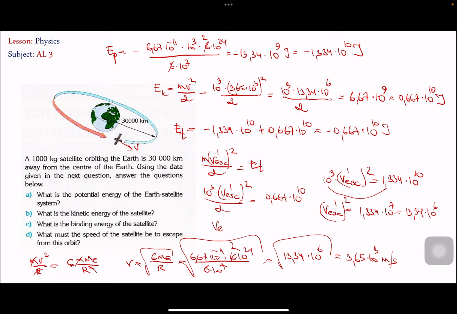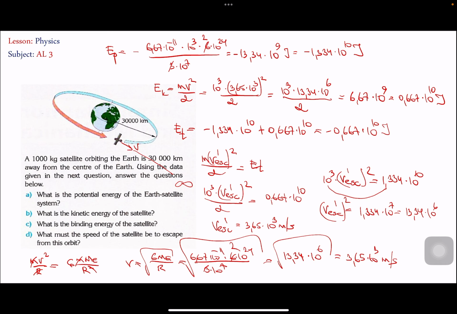So my escape speed prime will be the root of 13.34 times 10 to the power of 6, which is 3.65 times 10 to the power of 3 meters per second. That's the escape speed required to escape from this orbit to infinity.